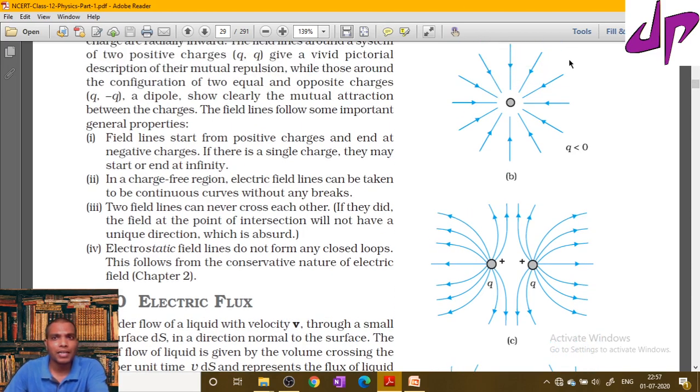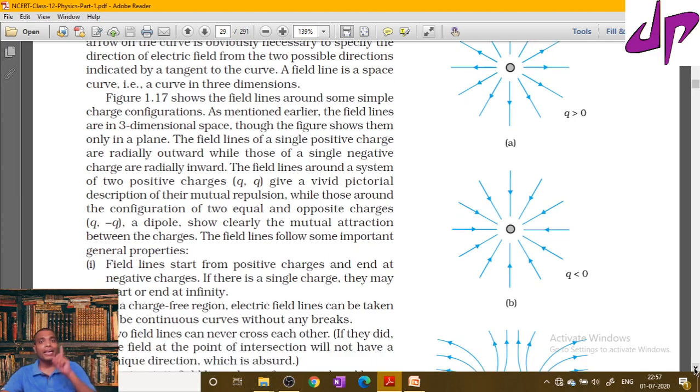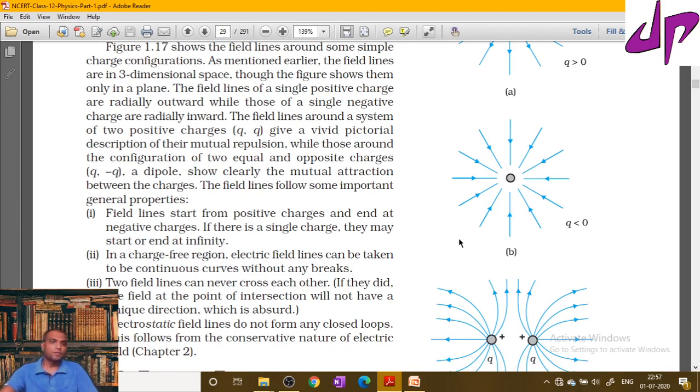In this case, this is a single negative charge, so the electric field lines start at infinity, and for this positive charge, electric field lines start from here and end at infinity. So those are the electric field line properties.